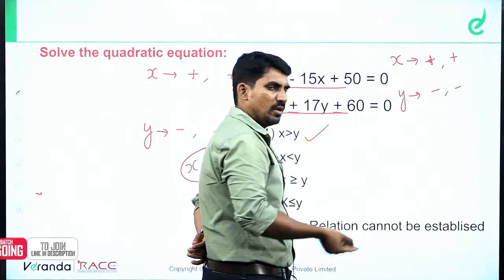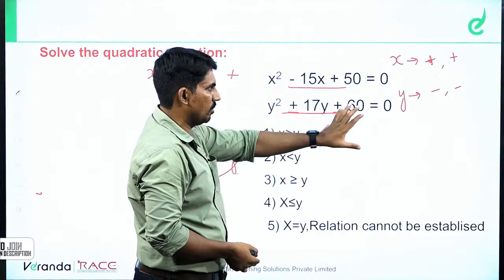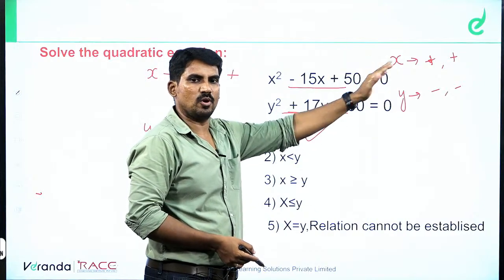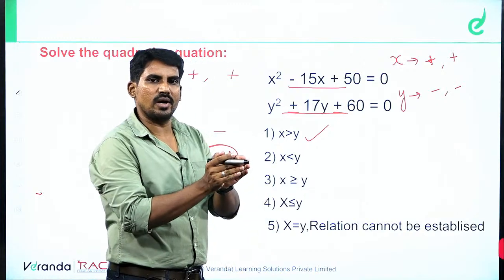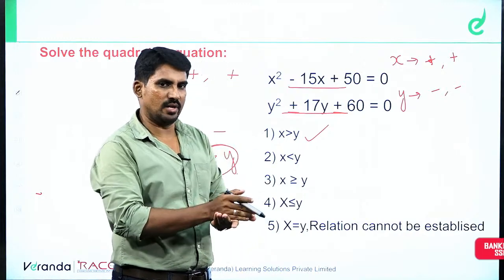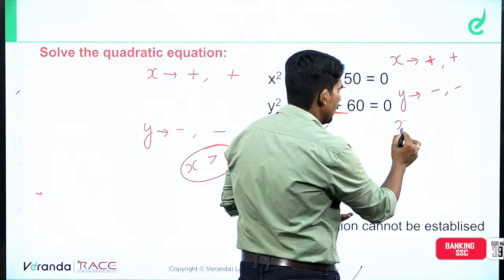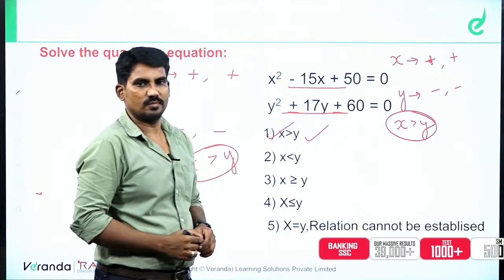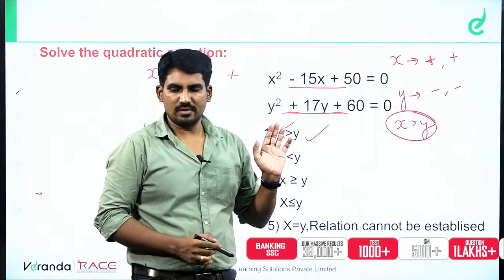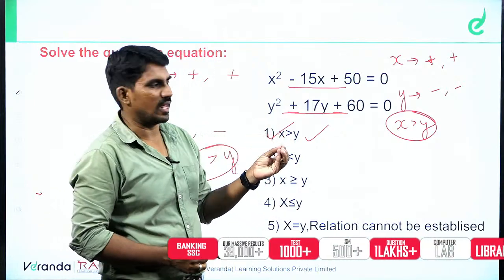Let it be any number, any high equation, no problem. x values are fully positive, y values are fully negative. Therefore, positive values are completely greater than negative values, so x is greater than y, therefore the first option. That's all. These types of questions will take only 10 seconds.